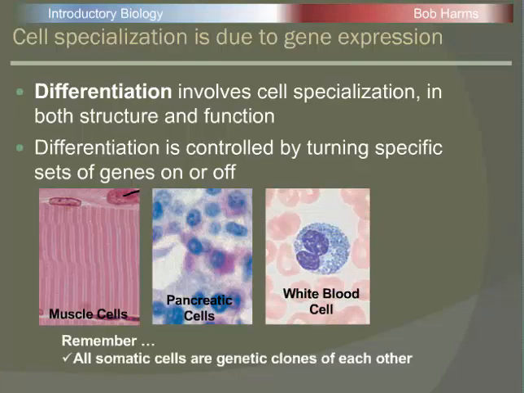Remember, all three of these cell types are genetic clones. They're all exactly the same because they were all produced through mitosis. Okay? But what makes that muscle cell different than that pancreatic or that blood cell is gene expression. Each of those has a different set of genes turned on or active, so it's the proteins that are present due to this differential gene expression that make each cell type different.